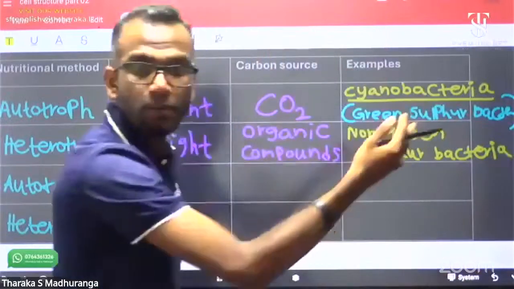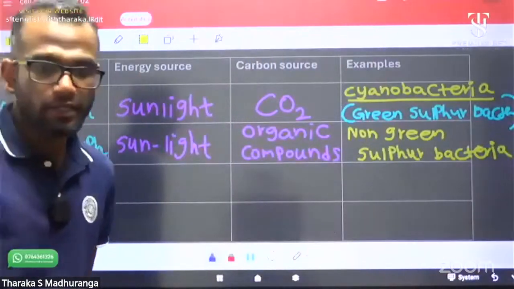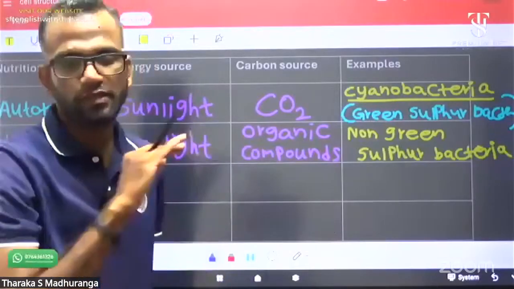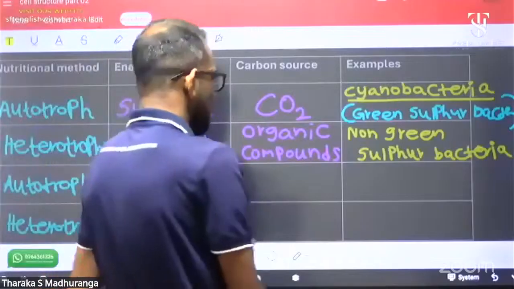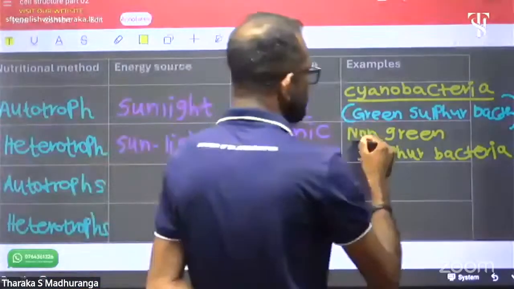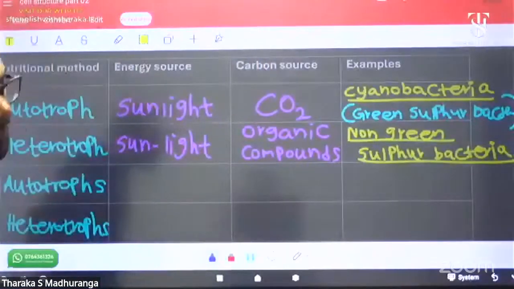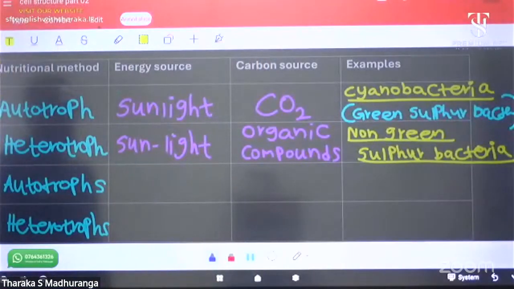Again, the opposite, right? Green sulfur bacteria, cyanobacteria, but it is not photosynthesis. Non-green sulfur bacteria.